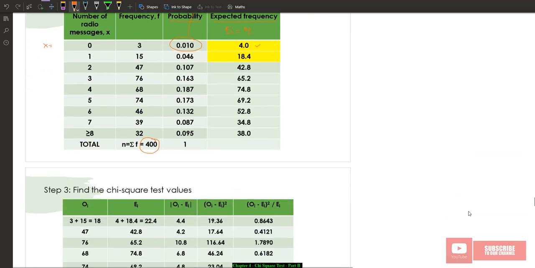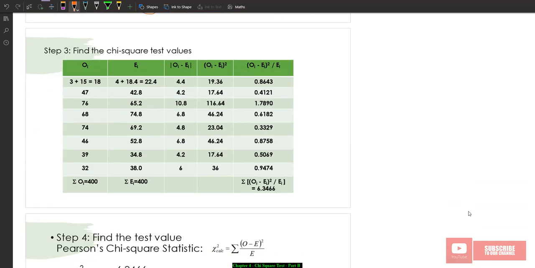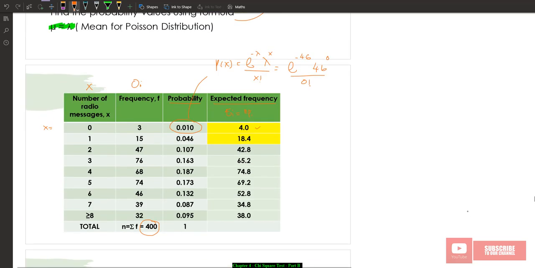The next step is we need to find the goodness of fit value, and then add all the goodness of fit values to get the chi-squared value. This is the chi-squared calculated. Basically it's the same procedure, and we just need to change the formula from the binomial distribution to the Poisson distribution to find the probability value.